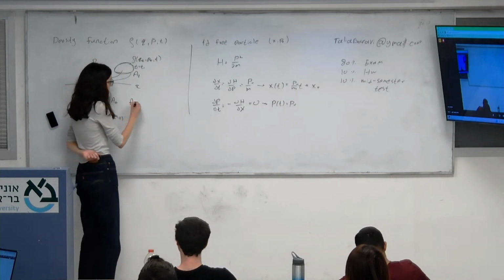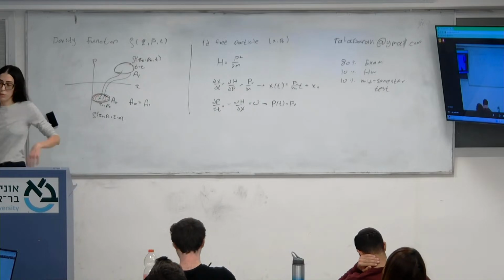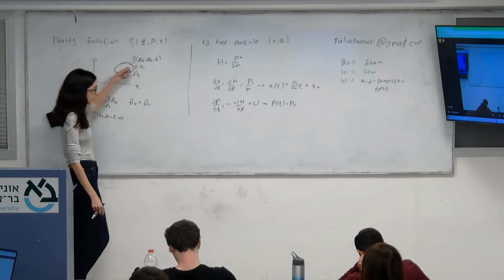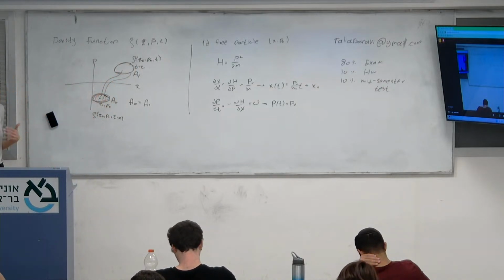So A0 always has to be equal to A1, which means the volume in the phase space has to be conserved with time. So we have conservation of the volume.